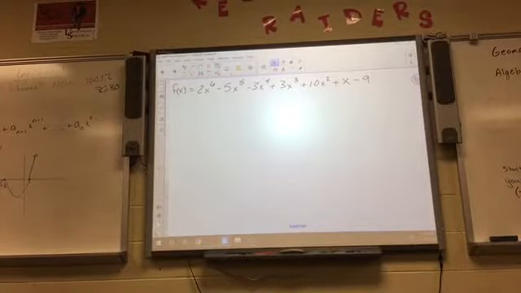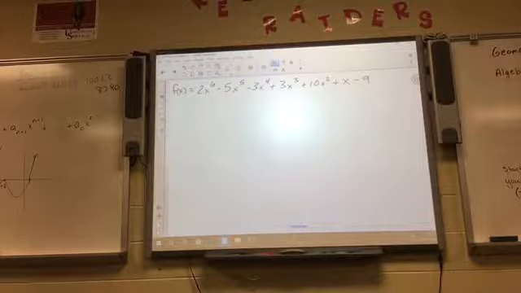Directions say determine the possible numbers of positive real zeros, negative real zeros, and imaginary zeros.